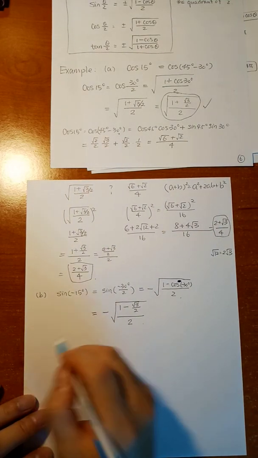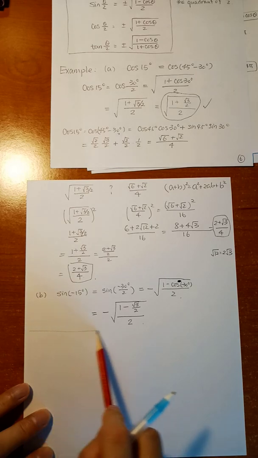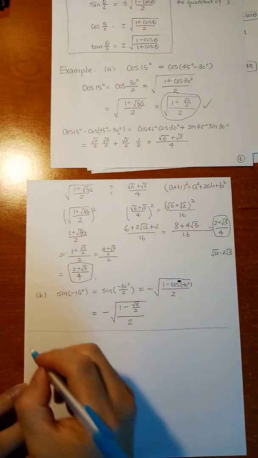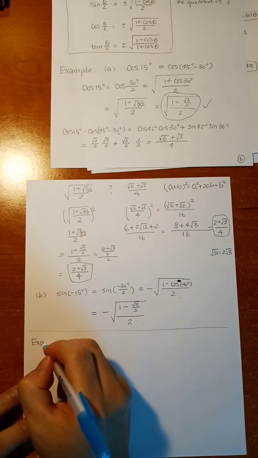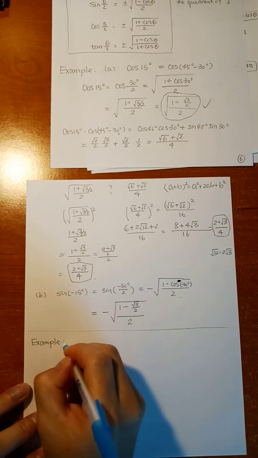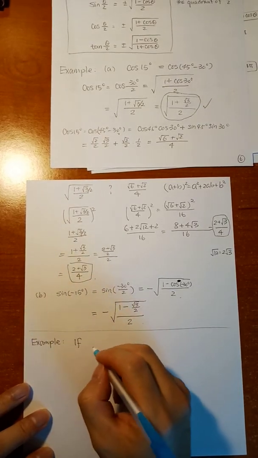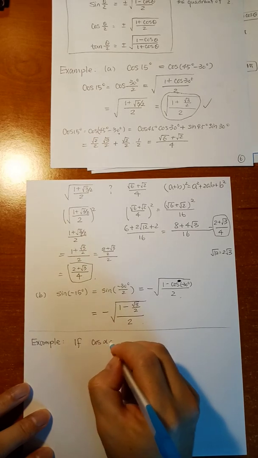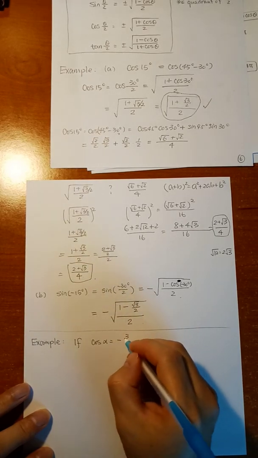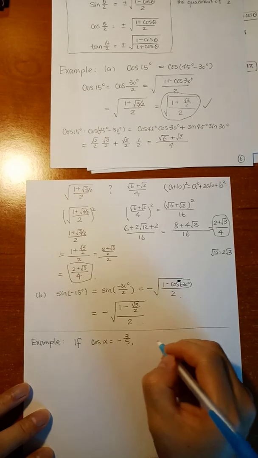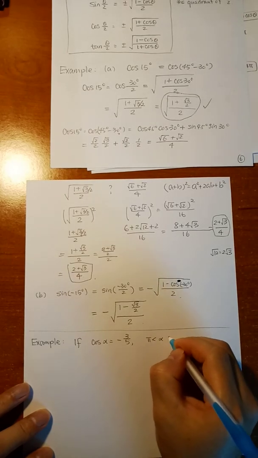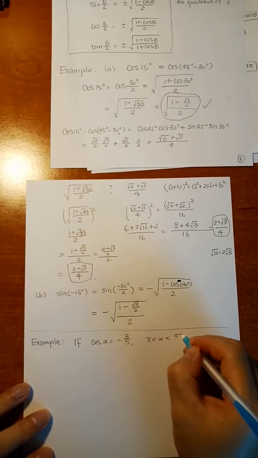Let's try another example. For example, cosine alpha is negative 3 over 5, and alpha is between pi and 3 pi over 2.